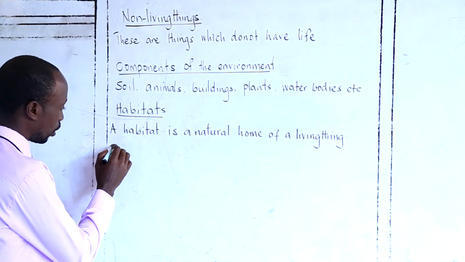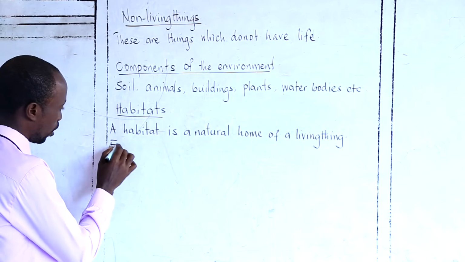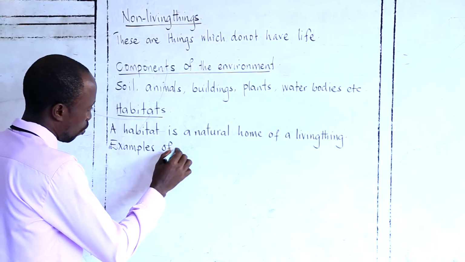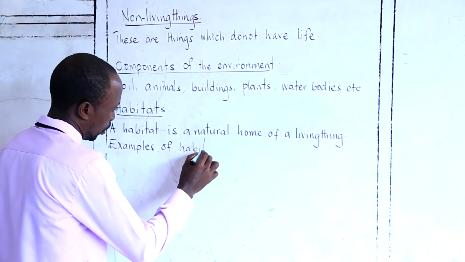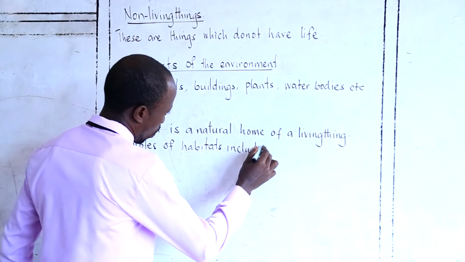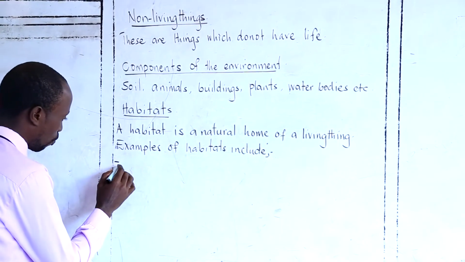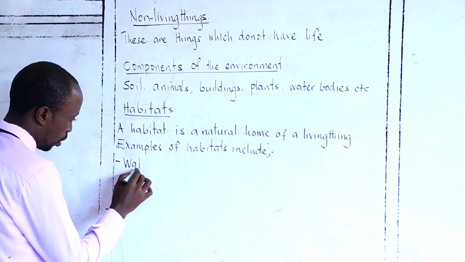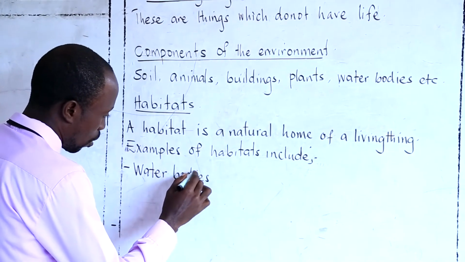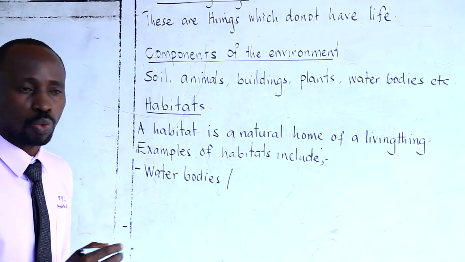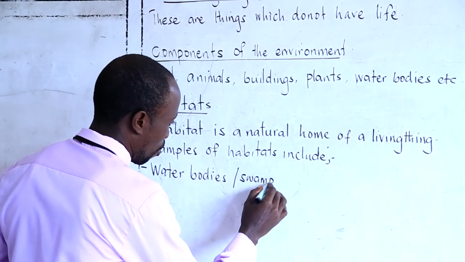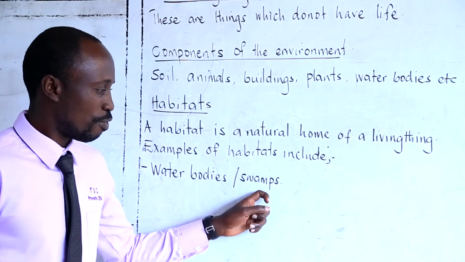You can write examples. Examples of habitats include water bodies. This one is very important. Some live in swamps.